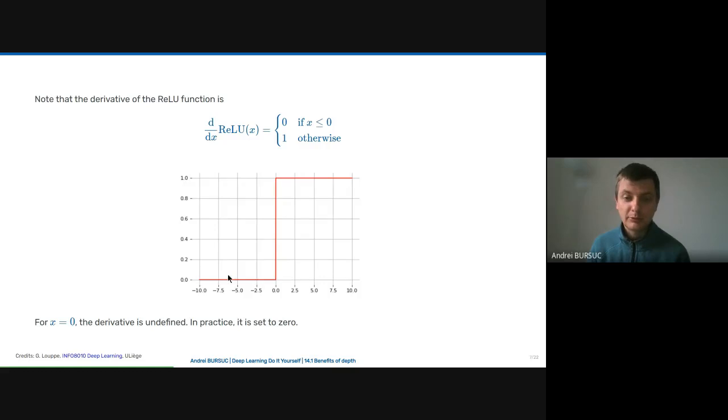And for the other cases, the derivative is 0 because there's nothing to pass. For x equals 0, by the way the function is defined, the derivative is undefined, but most neural network frameworks usually set it to 0.